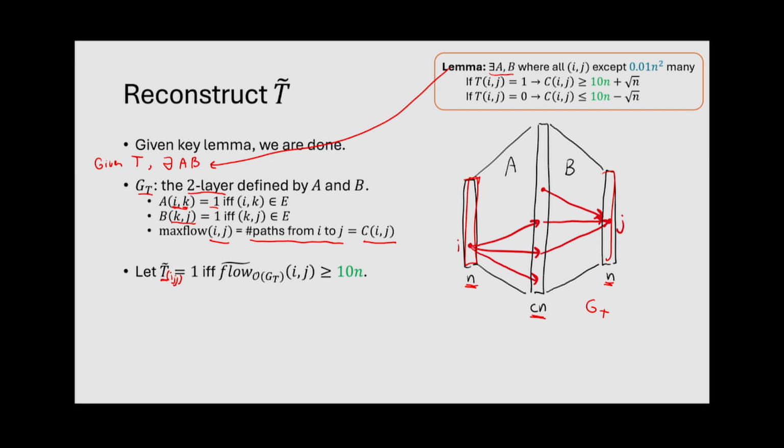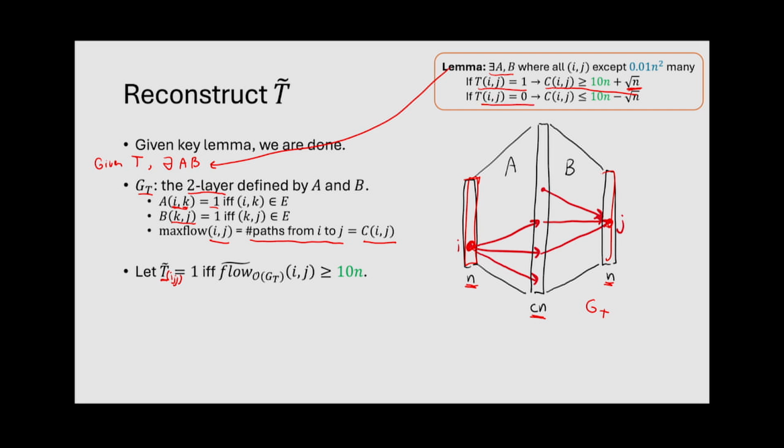So why are we done? If Tij is 1, then C is going to be more than 10n plus root n. And so when I query the max flow value from i to j, I have some approximation that is less than root n, so my estimate is going to still be more than 10n.